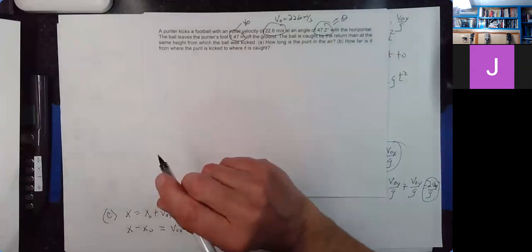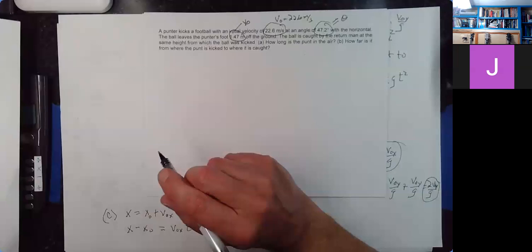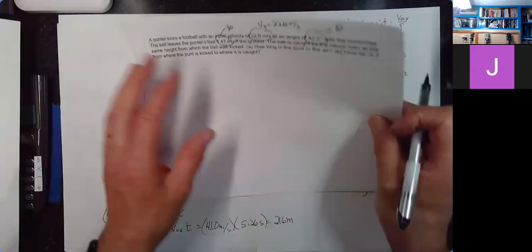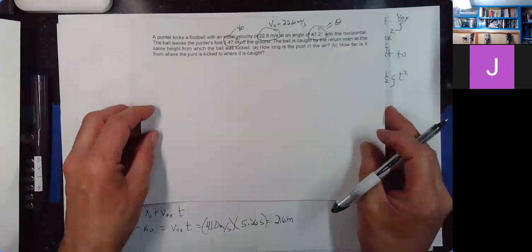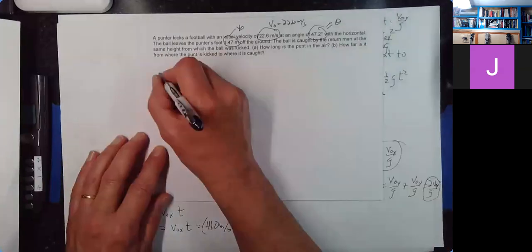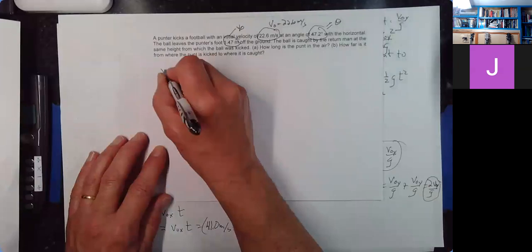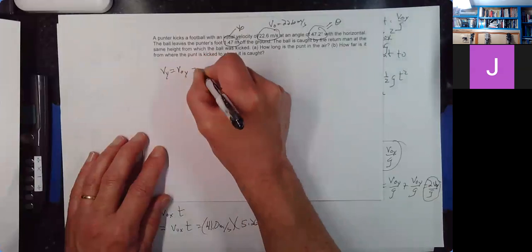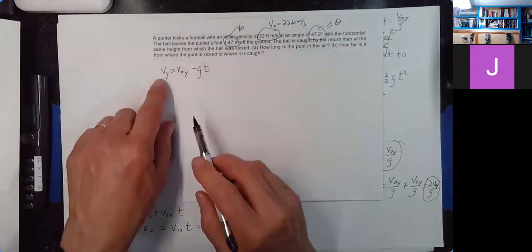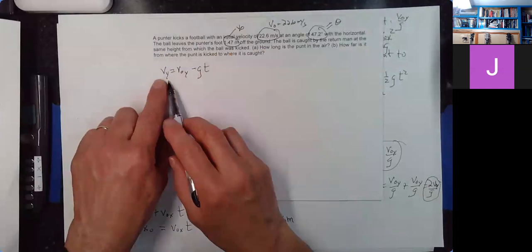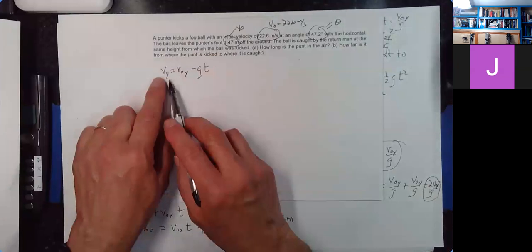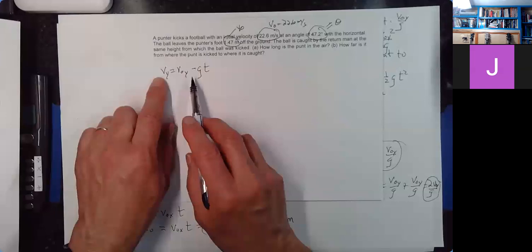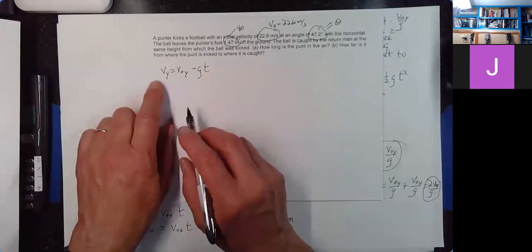Well, what do we know about that time to the high point? Here's what we know. V sub y is equal to V naught y minus gt. V sub y is 0 at the instant that it's at the top. And if we figure out that time, we get the time to the high point.